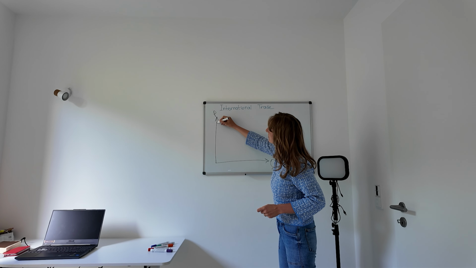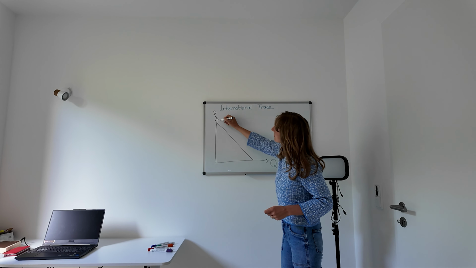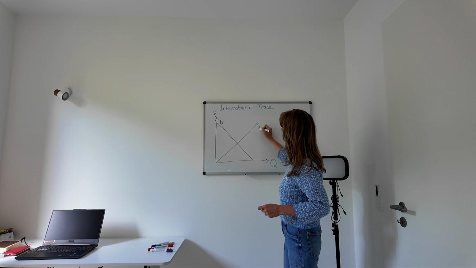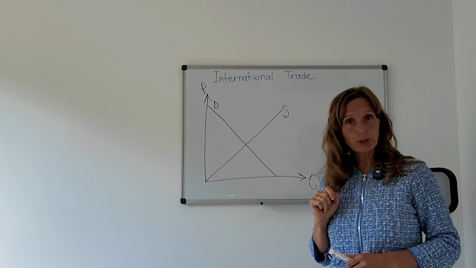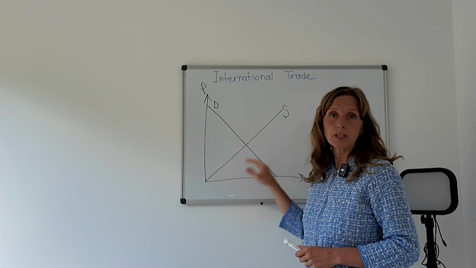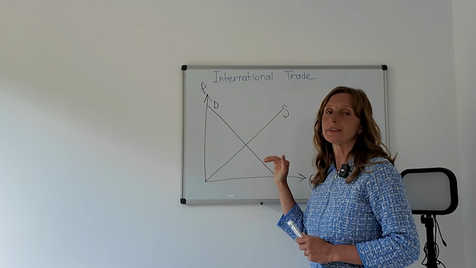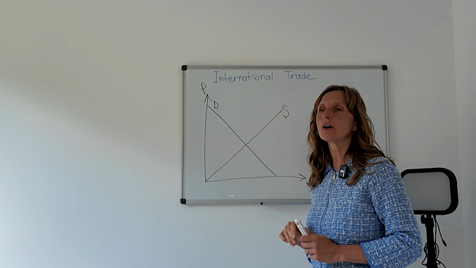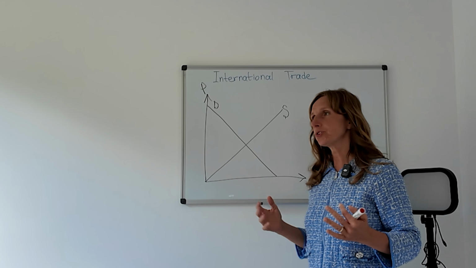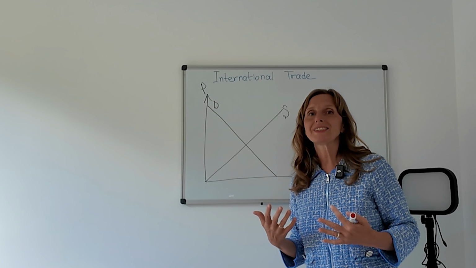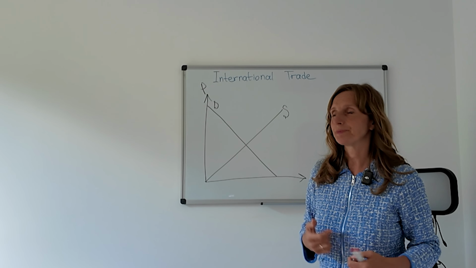Traditionally, we have the demand curve and the supply curve. We assume that this graph belongs to a country which has an autarky economy. Autarky economy means that the country consumes what it itself produces.